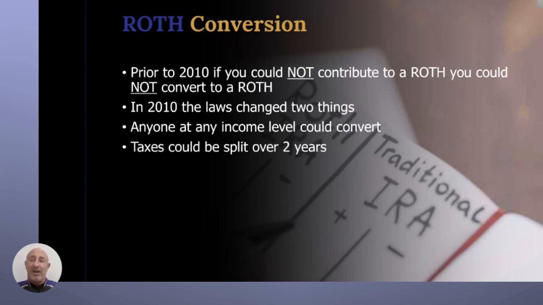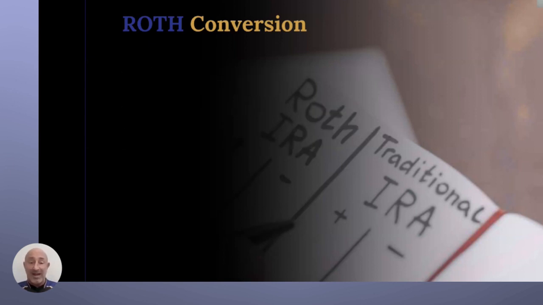So you may not be in an income tax bracket that allows you to contribute to a Roth IRA. However, if you have a retirement plan and you want to do a traditional to Roth conversion, even though you may not be able to contribute, you can still convert. So it does give you the option to move money from a traditional retirement structure over to a Roth. We'll go over a few of those strategies. I talked a little bit about it in the last one.